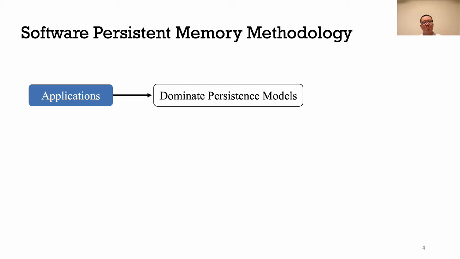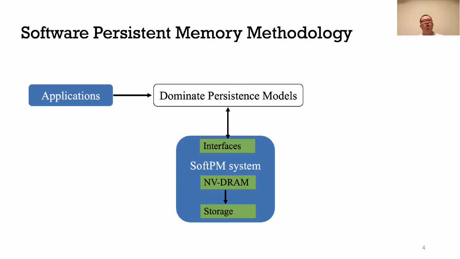And then our methodology is to first investigate the application persistent model to extract the dominant persistency models. This is important because it first identifies the persistency models that are used in the application, and second, we can also structure the system infrastructure accordingly to meet those persistency model needs.